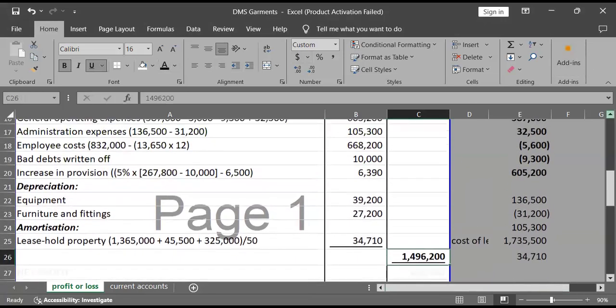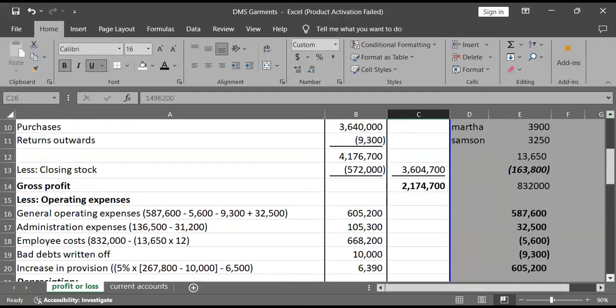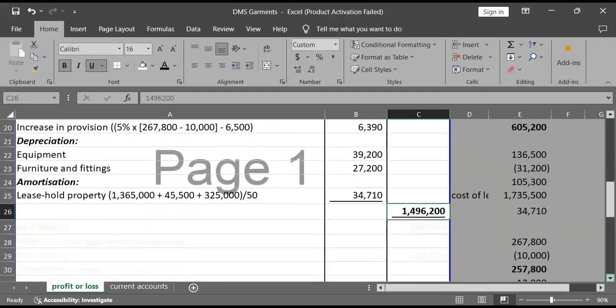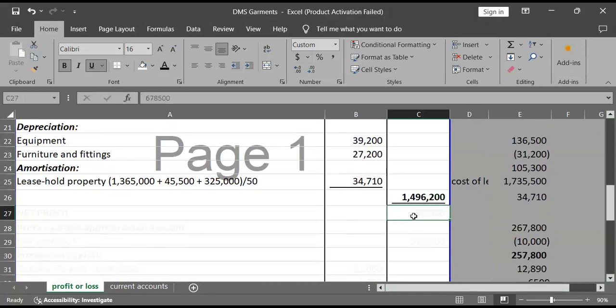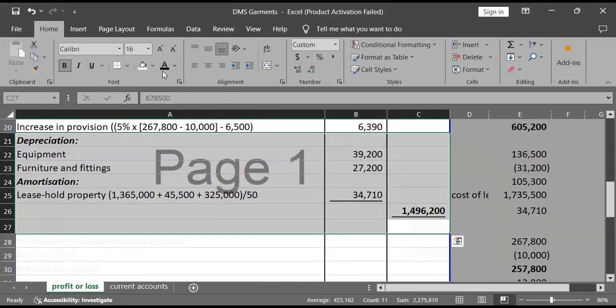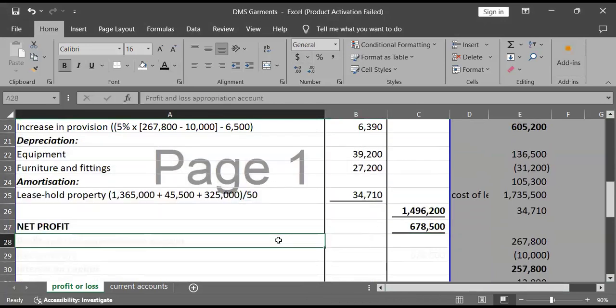So when I get my operating expense, offset it against my gross profit, I have a net profit of 678,500 shillings. So now that I've gotten my profit, I can now appropriate. I'll start with my profit and loss appropriation account.